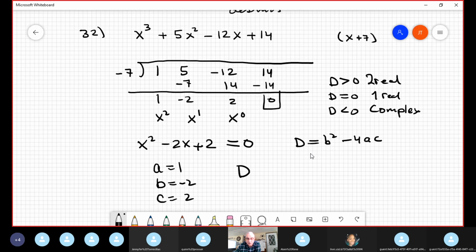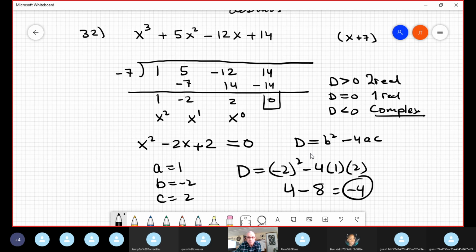When you compute the discriminant, it's negative 2 squared minus 4 times 1 times 2. That is 4 minus 8, which is negative 4. It's negative, so it's complex. Okay, so the only solution that is real is negative 7.